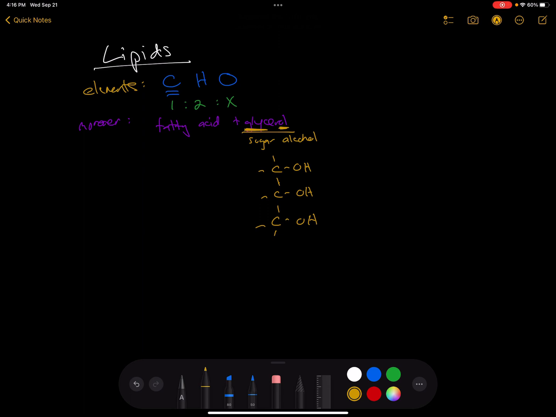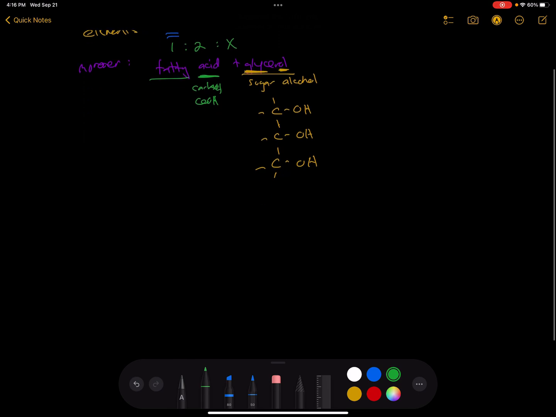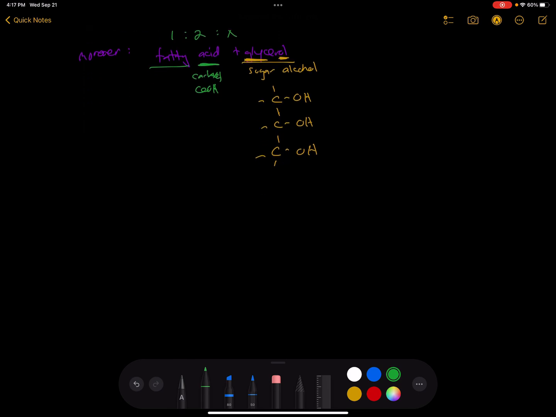All right, well, let's think about our functional groups. Acids, that's going to be my carboxyl, which is COOH. And then the fatty part, well, that's just going to be a hydrocarbon chain. And so what we want to do is start building this monomer.